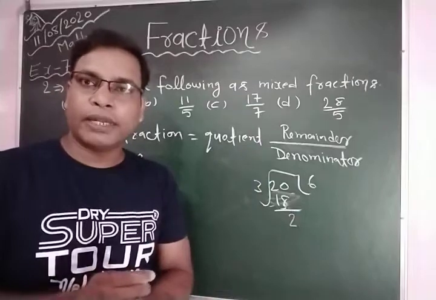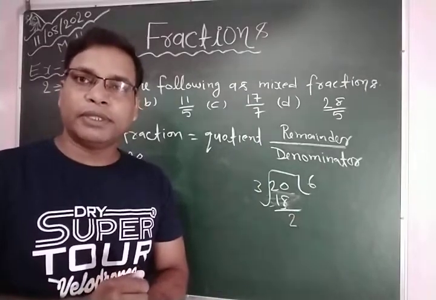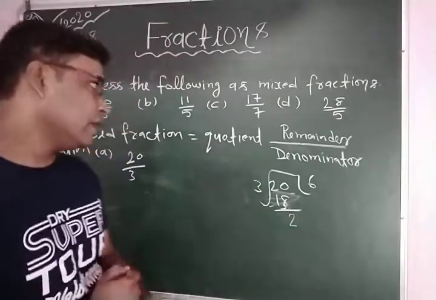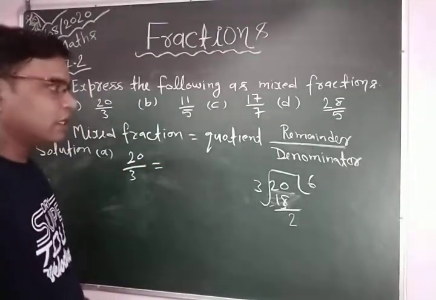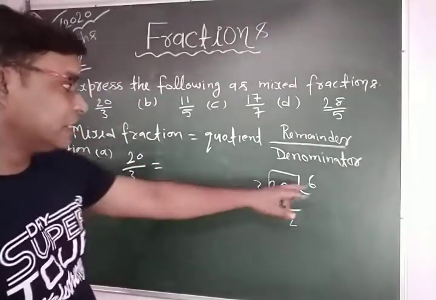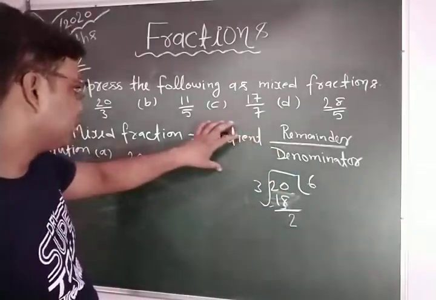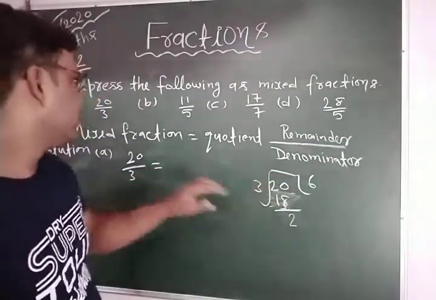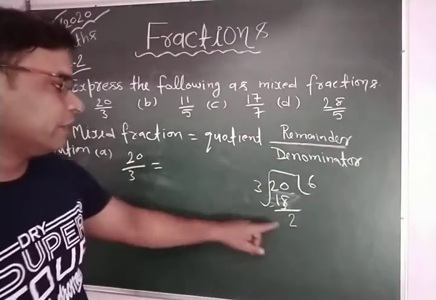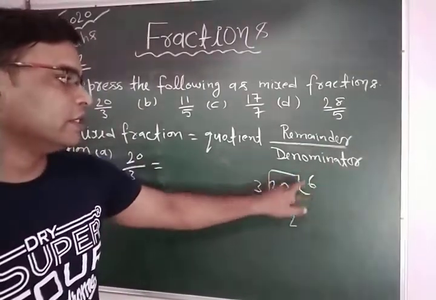If the numerator is divided by the denominator, then we obtain the remainder and quotient also, and we need to change it into a mixed fraction. So the quotient is 6. The form of a mixed fraction is quotient into remainder by denominator. Here the denominator is 3, the remainder is 2, and the quotient is 6.